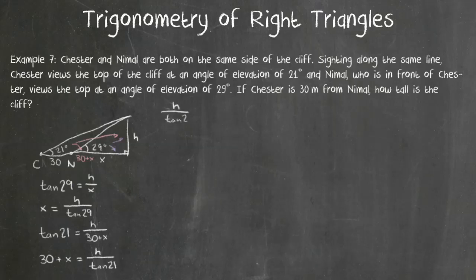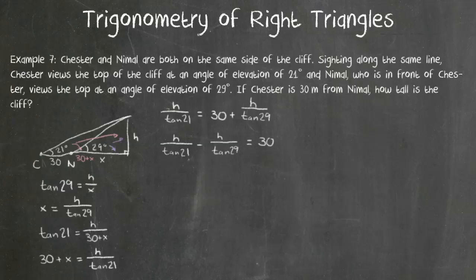and now I can sub in my value into my second equation. Okay, so h over tan of 21 equals 30 plus, and then the value for x that I found in my first equation, h over tangent of 29. Okay, we collect our like terms. So I get both my terms with h's on the left side of the equal sign by subtracting them, and that'll equal 30.